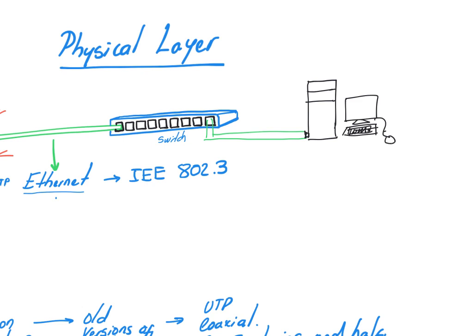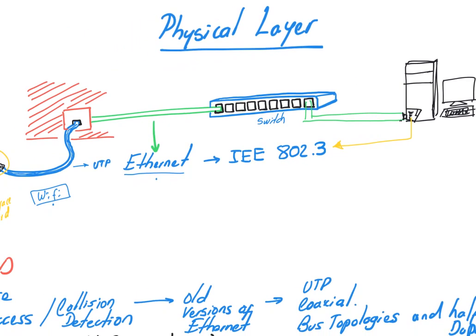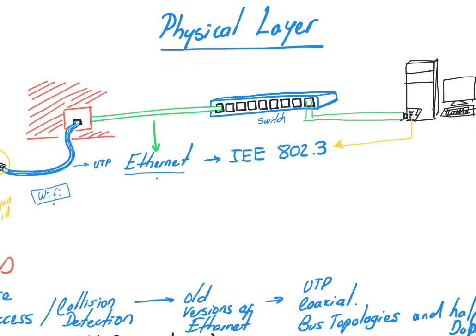And this device here, where the CPU is located, it should have as well a NIC inside here, right? A specific circuit inside the main board of the computer that is responsible for receiving and sending information through this wire. So obviously this NIC should also be aware of this standard, the IEEE 802.3 standard, which is the Ethernet standard, right?